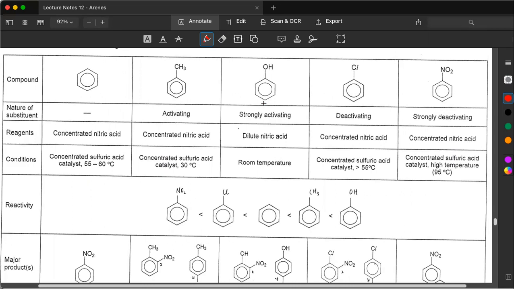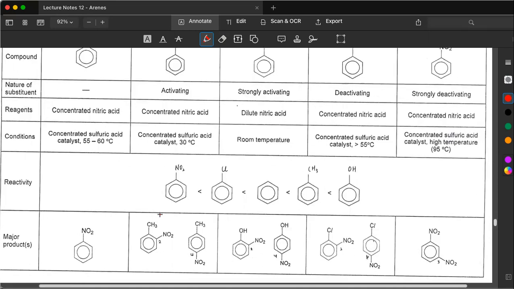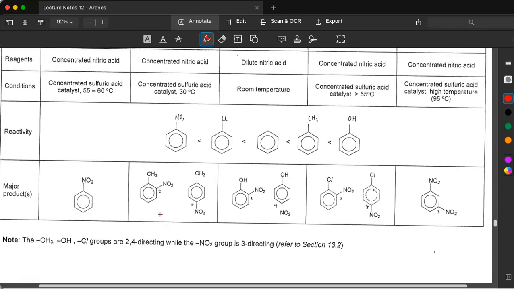We have OH, even more activating, so you just have it at room temperature, even without any catalyst. We have a deactivating group here, higher condition, more extreme conditions, and we have even worse, NO2. So this is the order of the reactivity of the different substituent effect on the benzene ring towards electrophilic substitution.